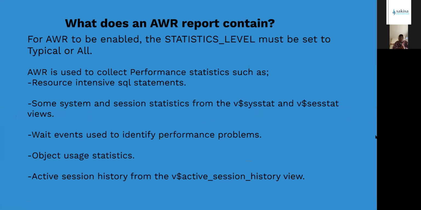By default, snapshots in the AWR are taken every hour, or every 60 minutes, and they are retained for 7 to 8 days. But this default value can be altered using the command begin DBMS_WORKLOAD_REPOSITORY.